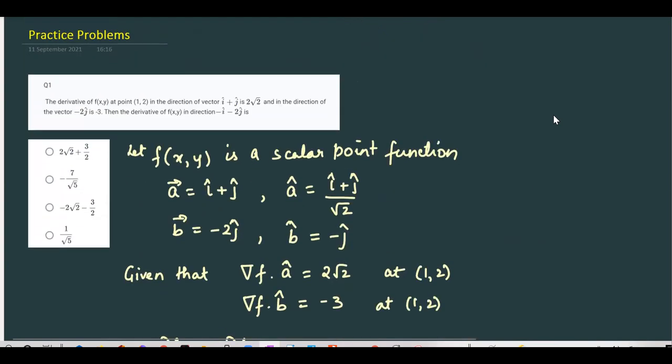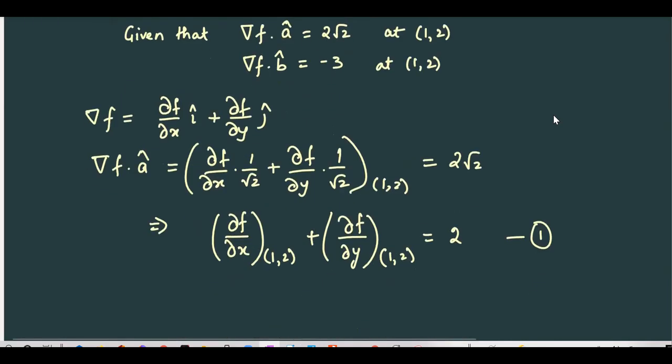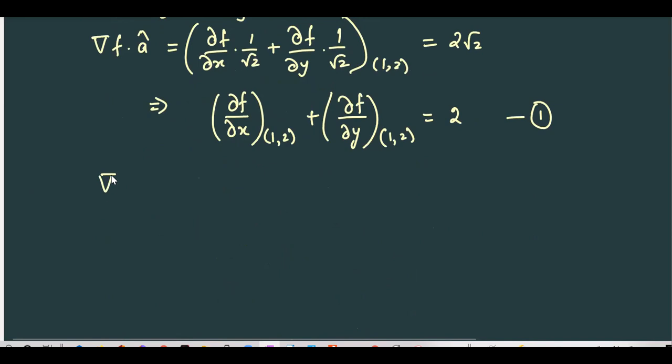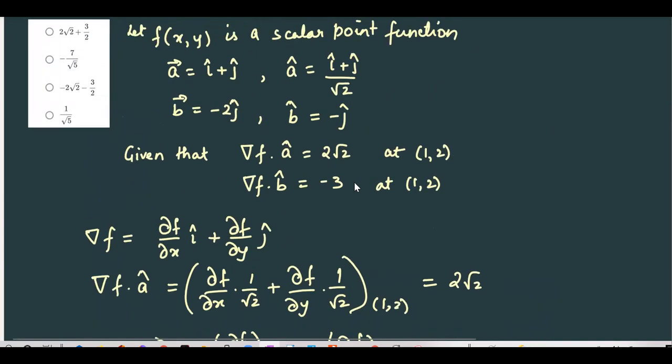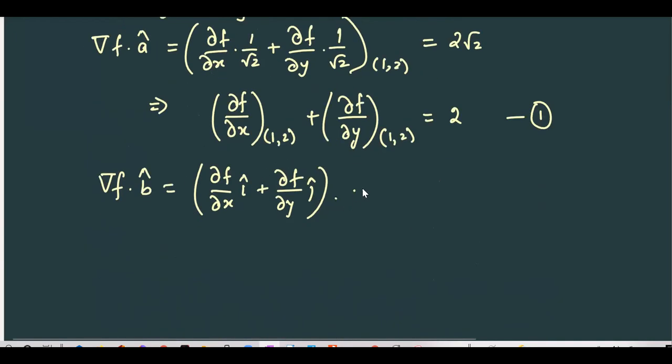Next, grad f dot b cap is -3. So let us find that out. Grad f dot b cap, what is b cap? Grad f is this, ignoring the k component. B cap is minus j.